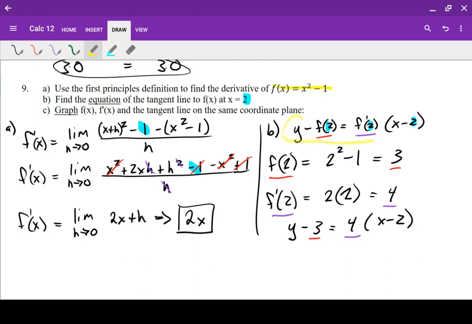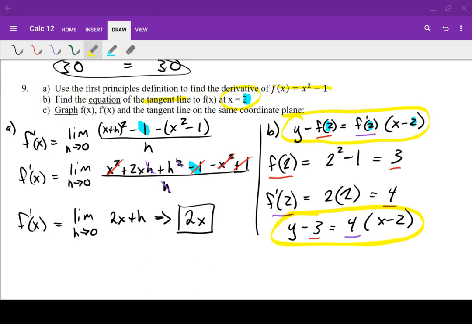And now here's my tangent line. Y minus 3 equals 4 times x minus 2. This should produce a tangent line at the location x equals 2. Okay, so going back to this graph here, comma. So there's where I'm looking for my tangent line to be, right? Right there at 2. You see it?